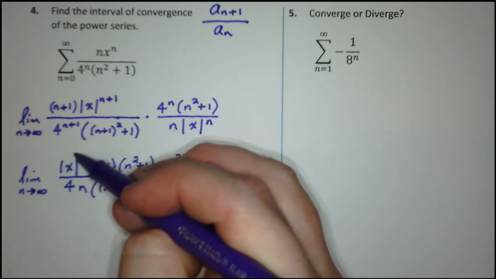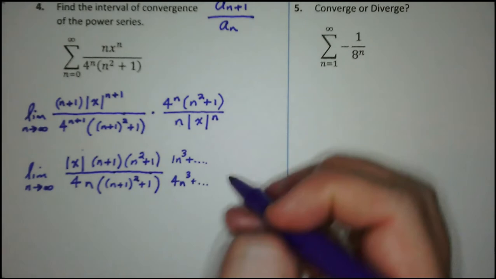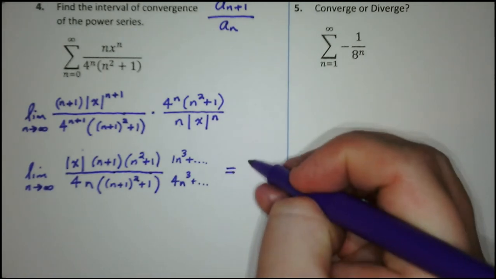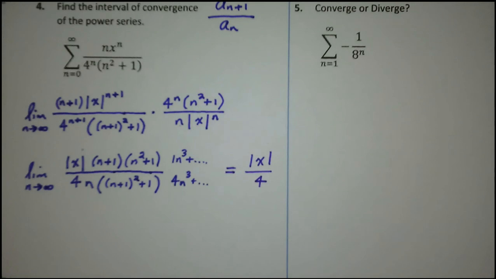Now along with this, you're going to have essentially all of this equal the absolute value of x over 4. Now, what does the ratio test say?